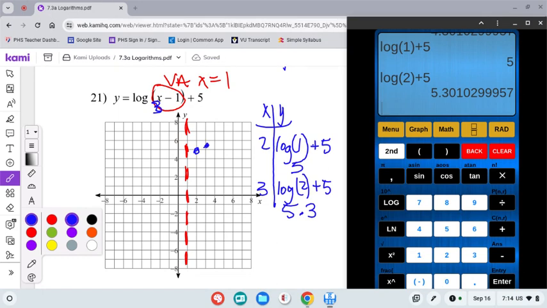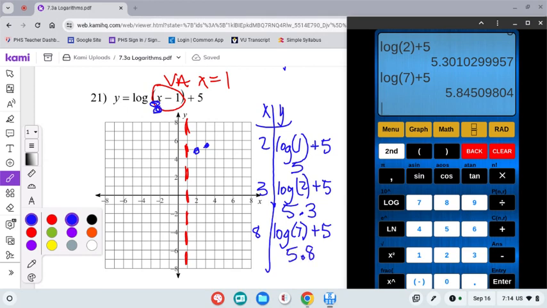Let's try 8. You can do as many points as you want. If I plugged in 8, I'm going to have log 8 minus 1 will be 7 plus 5. Log 7 plus 5 is 5.8 or so, 5.85, whatever, 8 comma 5.85.